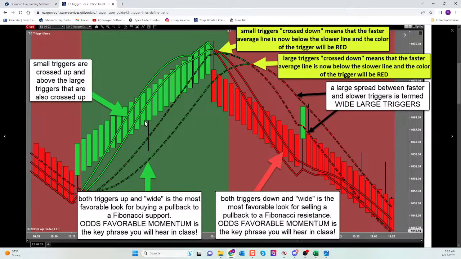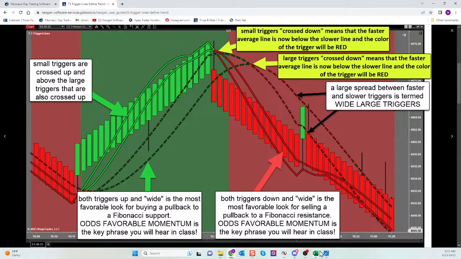Or on the other side of the coin, small triggers below the large triggers are wide, angled in the direction of the trend. The space between the two, guys, you have an enormous amount of momentum to the downside because of that separation between the two. And this is the absolute most favorable look for selling a pullback on a smaller, faster chart to get you to that next area.